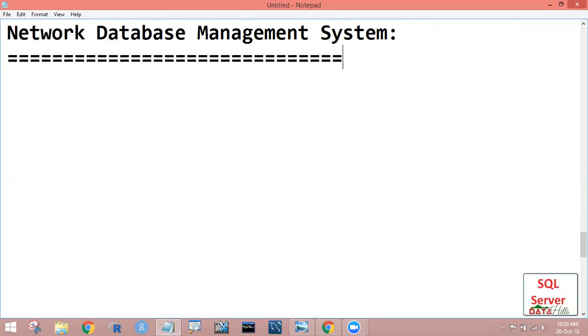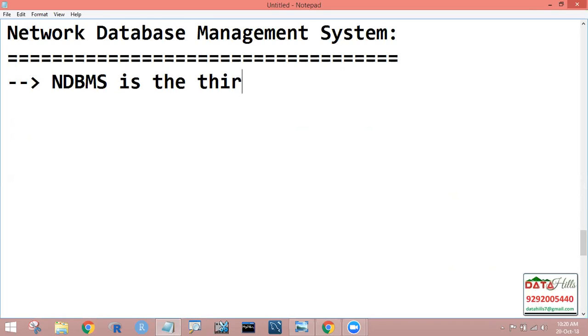Already we discussed the file management system. Next, the hierarchical management system. Network database management system is the third model of DBMS.